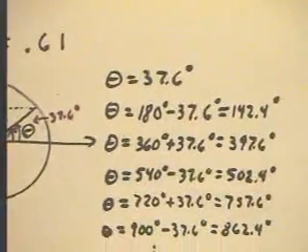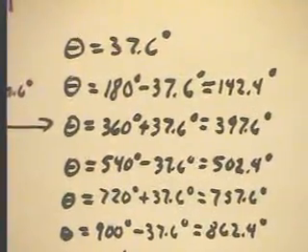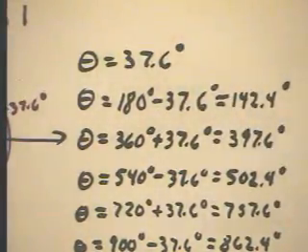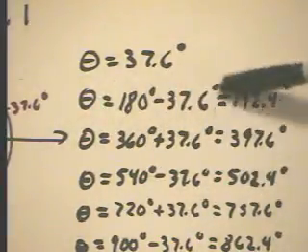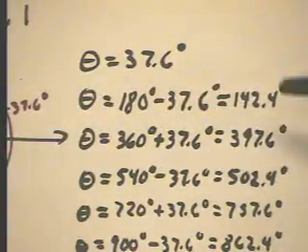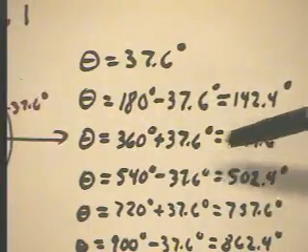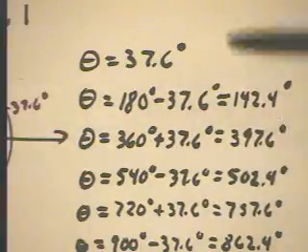So we can summarize some of those calculations. We have theta equals 37.6 degrees, our inverse sine of 0.61. We have theta is 180 degrees minus 37.6, 142.4. We can go around 360 and another 37.6, that is one complete cycle, plus our 37.6 degrees, and get this angle.